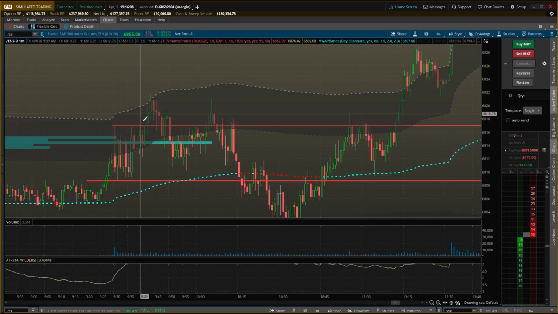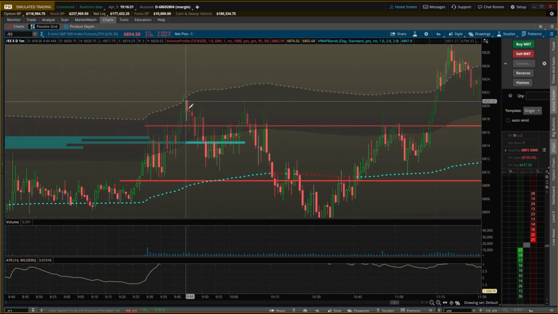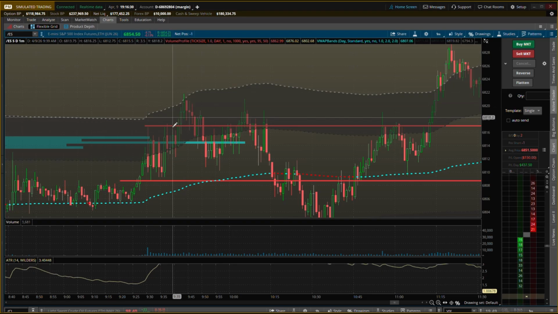That's not necessarily always a signal to fade the momentum, but just based on the observation from the pre-market session, I really shouldn't have expected a big move up higher or any sort of big trend, at least not initially.